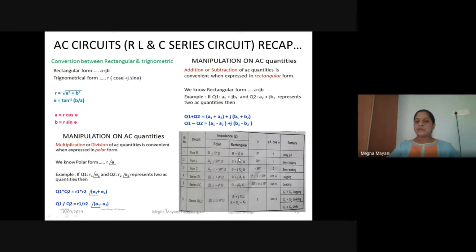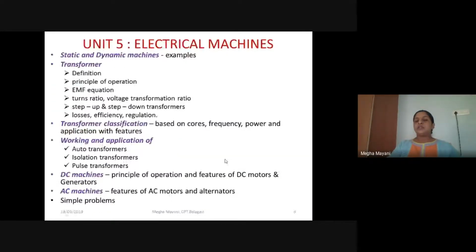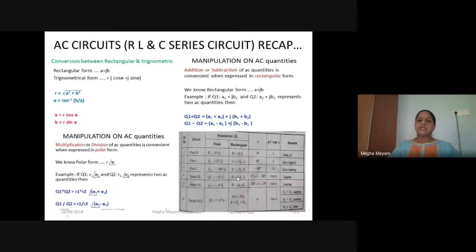It shows the polar representation, rectangular representation, the phase angle, power factor, and also whether we have a lag or lead between the voltage and current. So friends, if you just remember this table, then it is sufficient to recap all the AC circuit analysis with the 6 combinations whatever we have discussed in the 4th chapter, that is AC circuits.